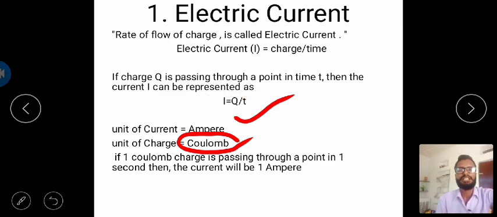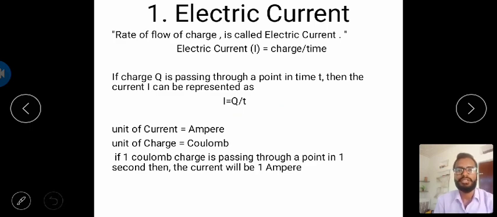If the amount of charge is given to you in the questions, then you can easily calculate by this formula. But if the amount of charge is not given to you in the question, then how will you calculate the current?